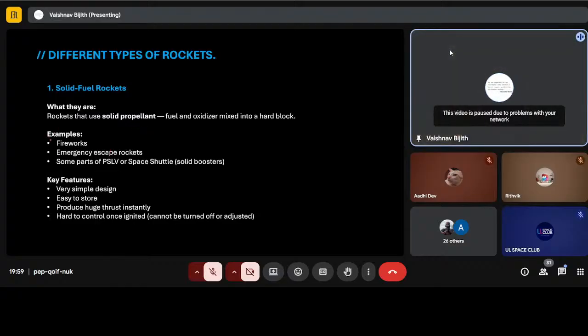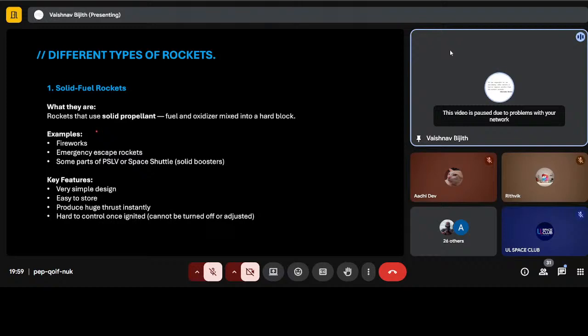And one feature of solid rockets is that they have a very high thrust, right? By saying very high thrust, I mean that at the instant when it takes off from the launch pad, it uses most of its fuel at that moment itself.